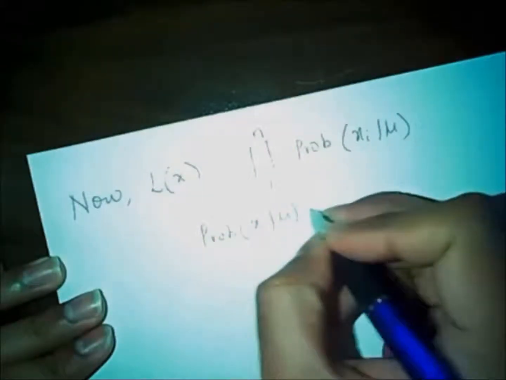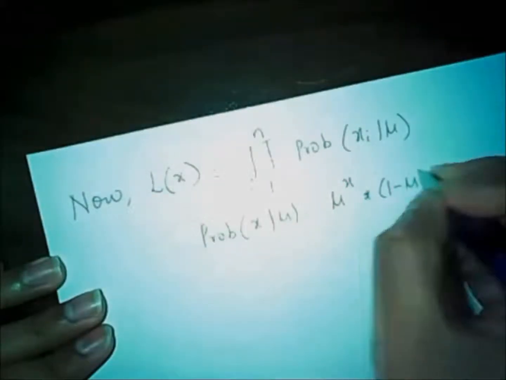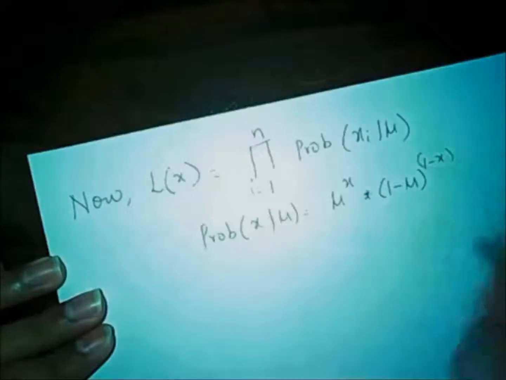Now we have the likelihood function as a product of these terms, and as we already know, probability of x given mu was mu to the x multiplied by 1 minus mu to the 1 minus x.